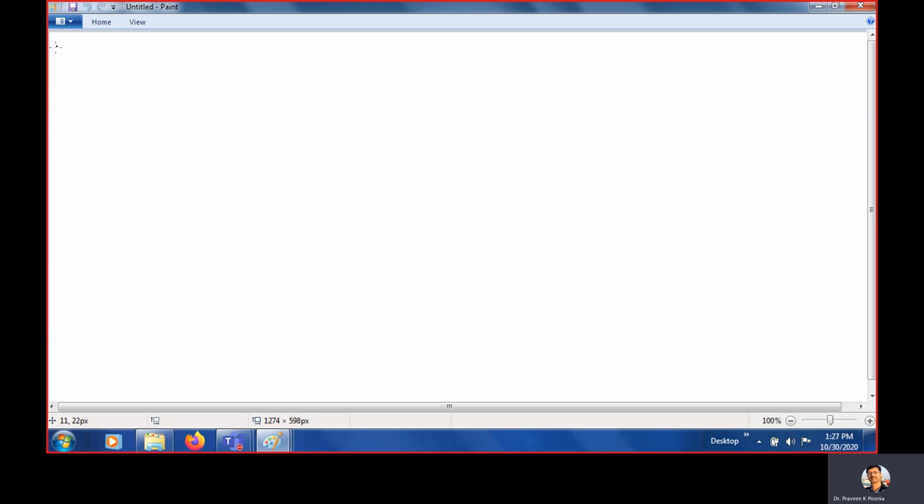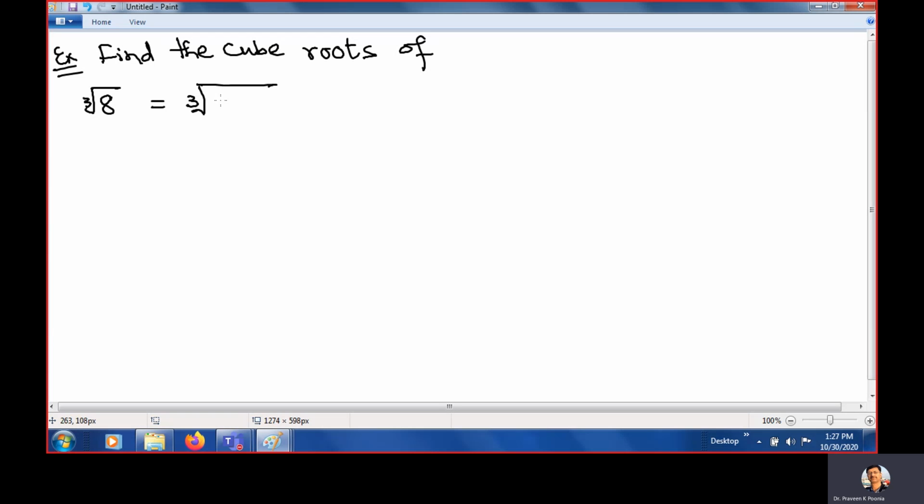Now, for example, the cube root of, let's say, 8. This is a cube root. Cube root means what? You need to break 8 into 3 equal parts, then one part will come out.